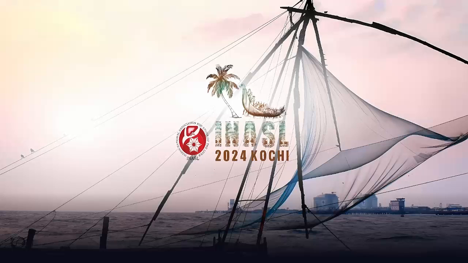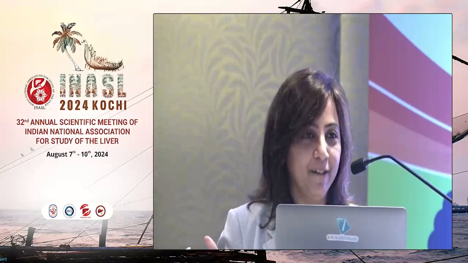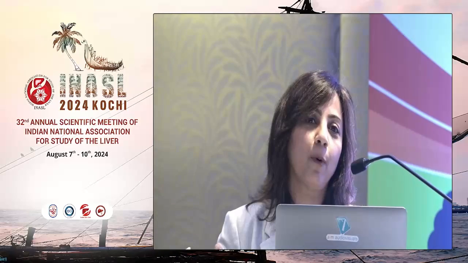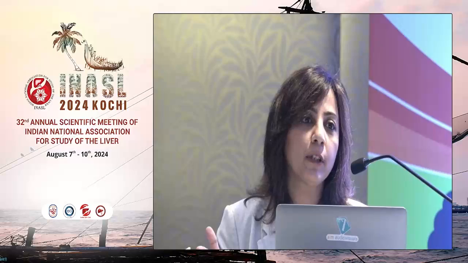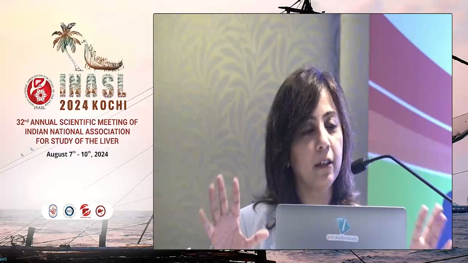But requisitions for this in HCC are few. Even in intrahepatic cholangiocarcinoma, we have a lot of molecular advancements in terms of therapy. But for HCC, unfortunately, we are still waiting for that breakthrough. So we do not have that many requests. But most of the times we get TERT mutations, which are seen in about 60%. And then we get P53 and beta-catenin. These are the three main players.